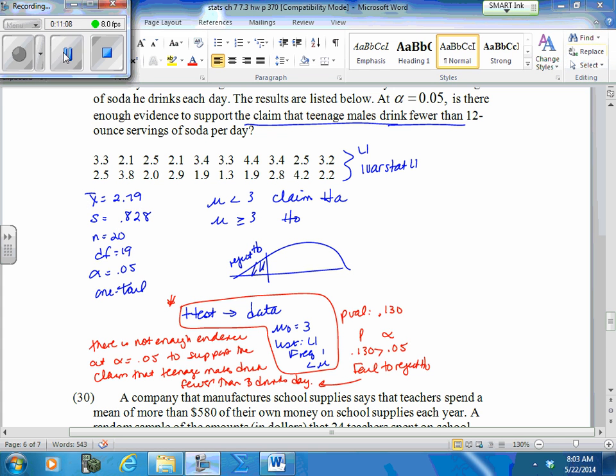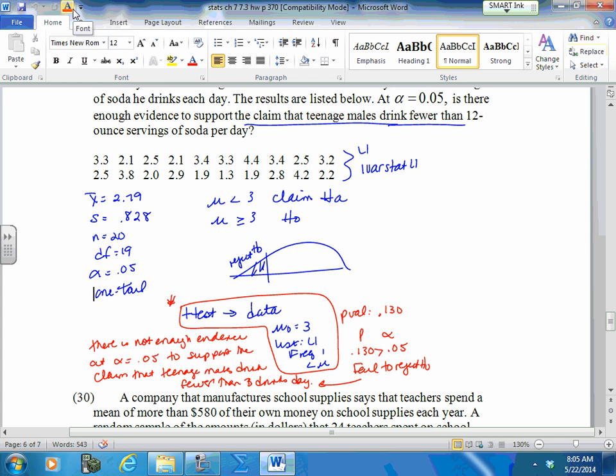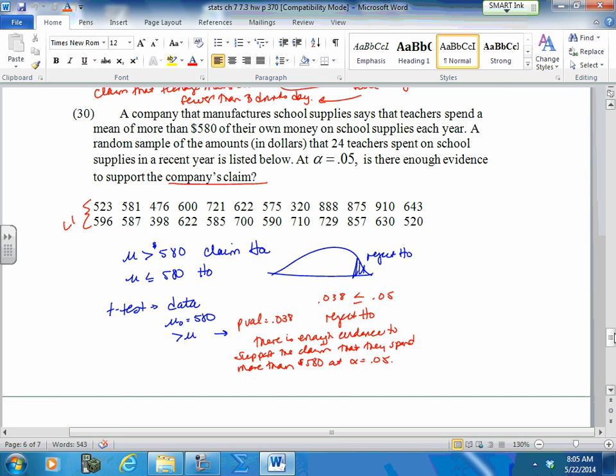Guys, just so that we all stay on the same page. A company that manufactures school supplies says that teachers spend a mean of greater than, there's your greater than, $580 of their own money on school supplies each year.